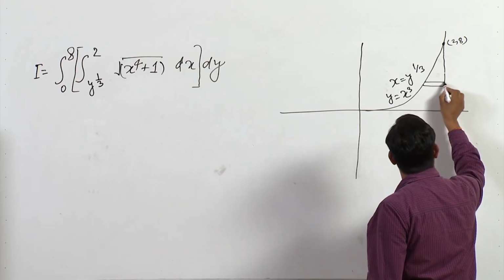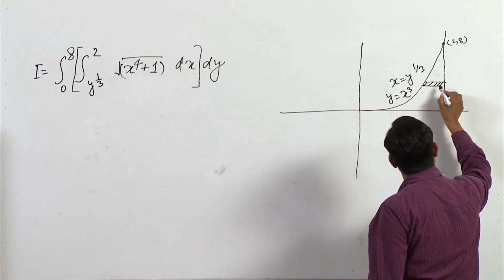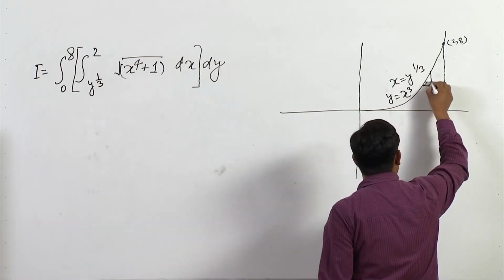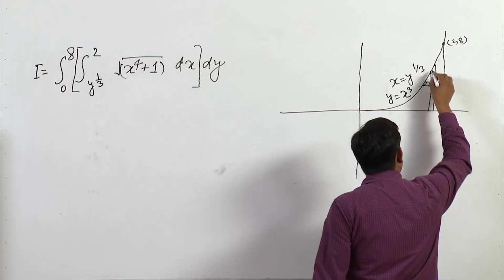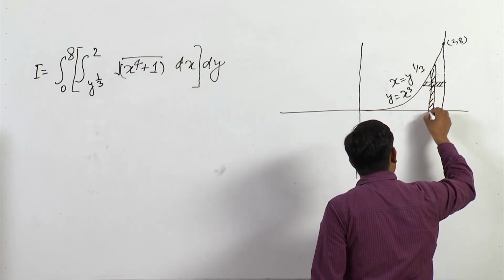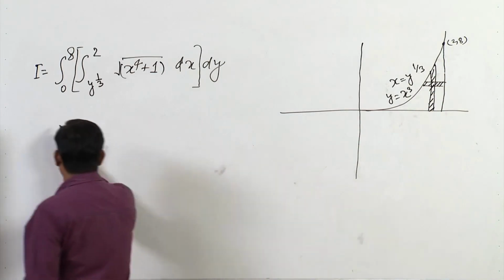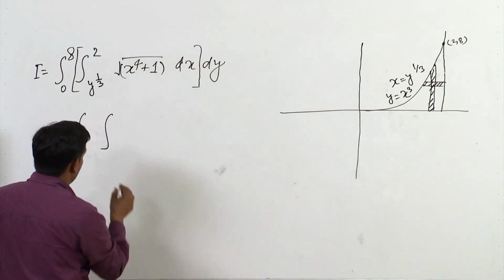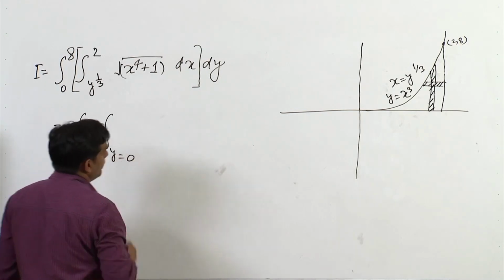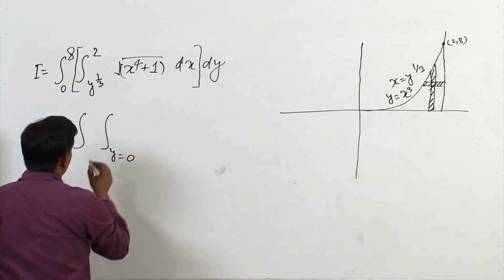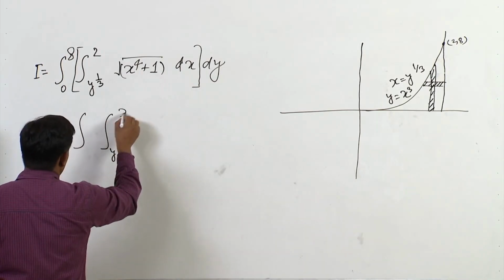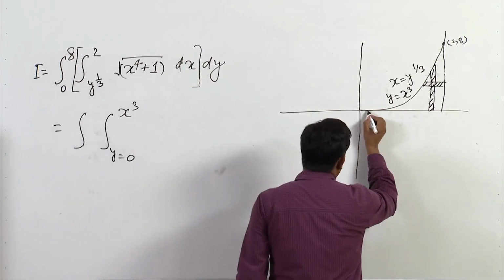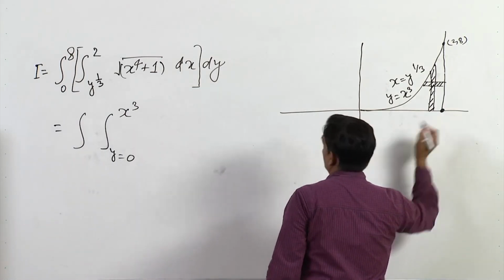At this moment I have this particular strip. Now, change the direction of this. Let me take this kind of strip, the vertical strip in this problem. The lower limit of this vertical strip is y equals 0, the upper limit will be x cube, and x will start from 0 and go up to 2.